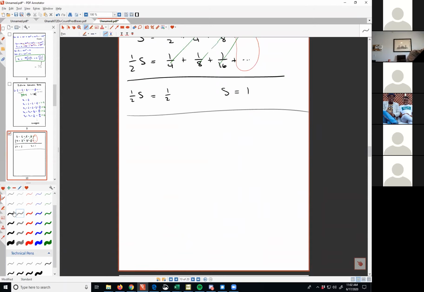So let's say that we start with 6 plus 2 plus 2/3 plus 2/9, go on and on forever. Anahita, how do we get started? First we name the beast.